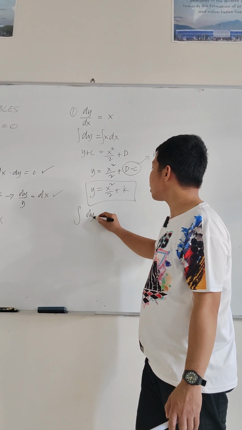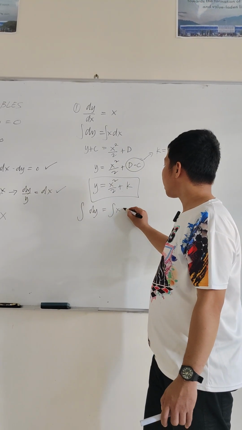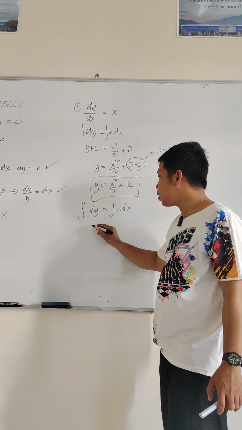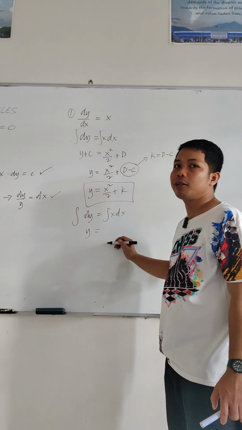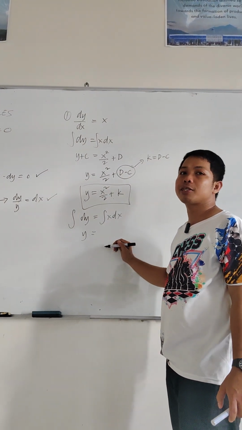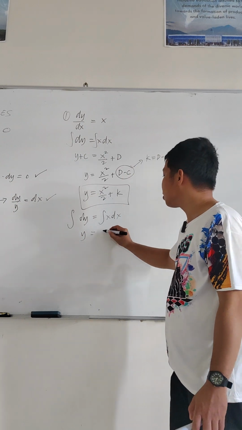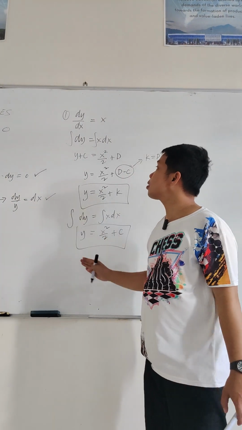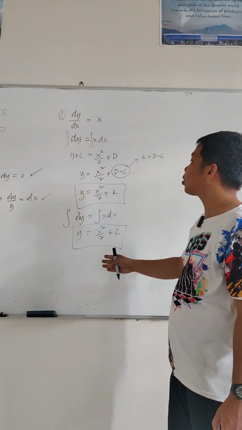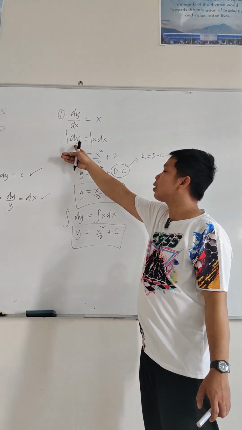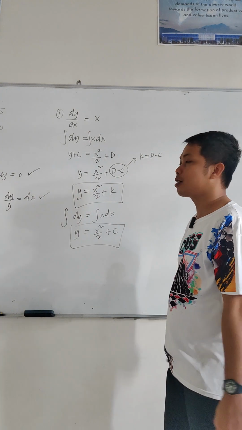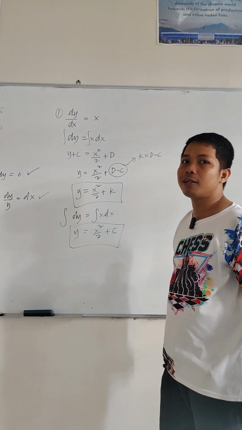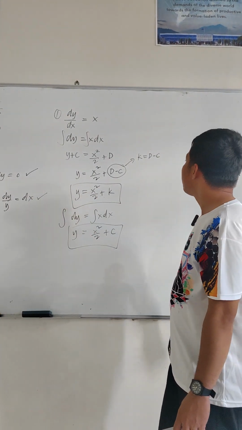Kaya ang ginagawa sa DE, kapag naka-encounter kayo ng ganito, y na lang dito. And then yung pag-add ng arbitrary constants, sa right side na lang. So we have x squared over 2 plus c. O, see? So this is the shortcut. Pero don't forget na kapag nag-indefinite integral tayo, kailangan natin mag-add ng c. Okay? Kasi ang derivative ng constant is 0.